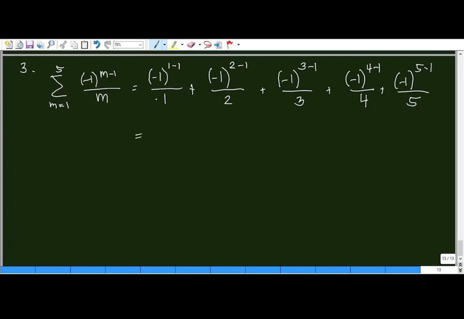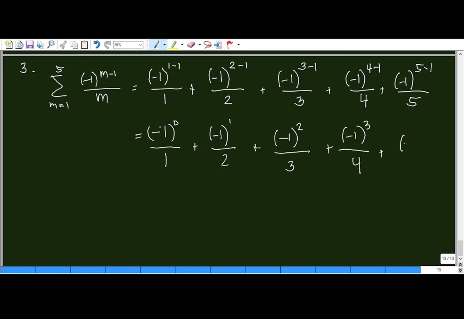So that is negative 1 raised to 1 minus 1, that is 0, over 1, plus negative 1 raised to 2 minus 1 over 2, plus negative 1 raised to 3 minus 1 over 3, plus negative 1 raised to 3 over 4, plus negative 1 raised to 4 over 5.